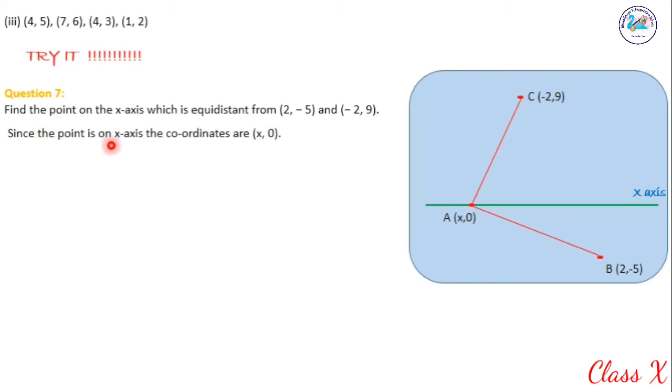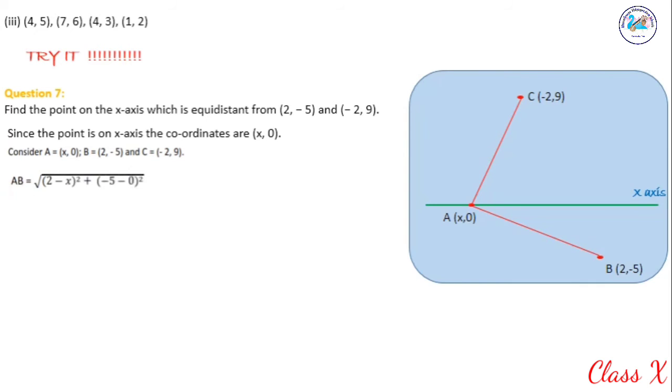Since the point is on the x-axis, the coordinates are (x, 0), that is the general form. Then we label the points as A (x, 0), B (2, -5) and C (-2, 9). Now we calculate AB.